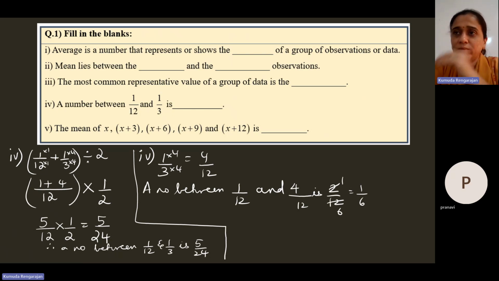Now look at the numerator. Between 1 and 4, you have 2 and 3, right? So 2 by 12, 3 by 12. You can write any one of the two numbers, and wherever you can simplify, you should simplify. Meaning when you can reduce like this, you should reduce. All right? Is it understood?